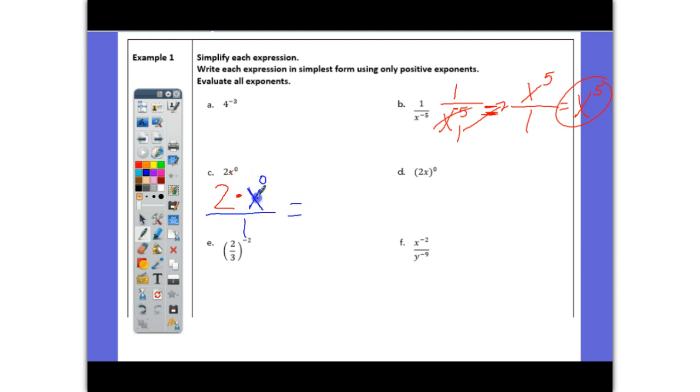What is x to the 0 power? What's x to the 0 power? This is 1. So now we have 2 times 1. What does that equal? 2 over 1, which equals, your final answer is just a 2.